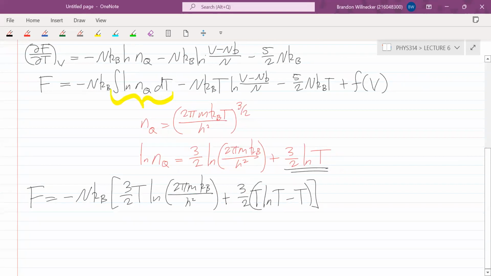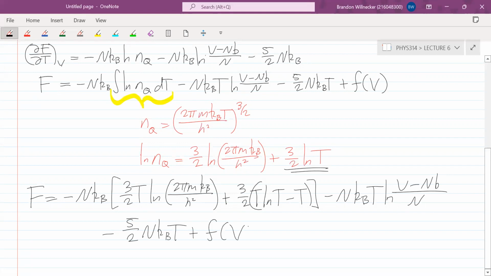Okay, and then we have all the other terms. So minus NkBT natural log of V minus Nb over N, minus 5 over 2 NkBT plus F of V. Okay, so that is the free energy for the system.